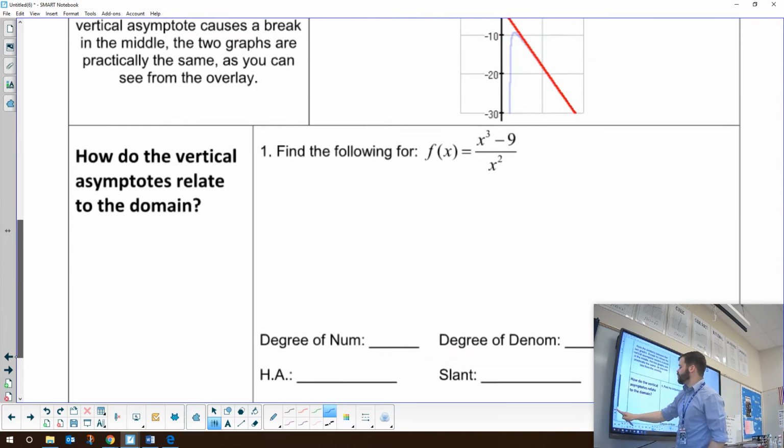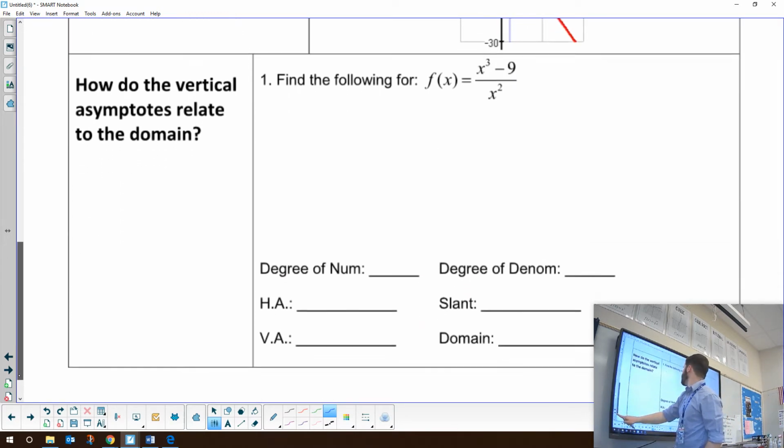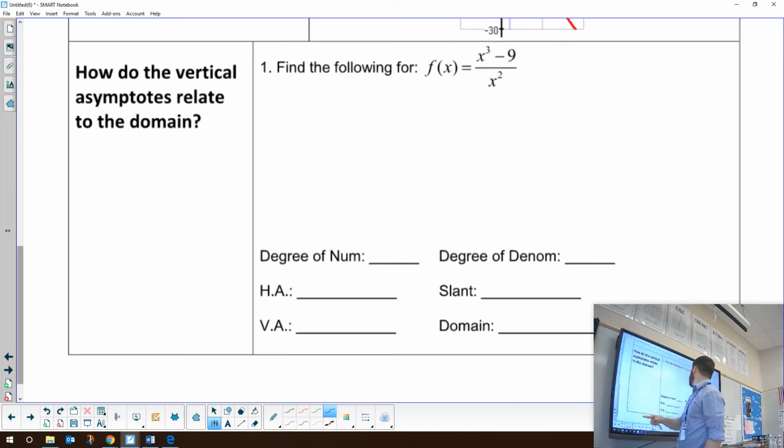So let's take a look at number 1. This one is going to have a slant asymptote. First off, we're going to investigate. The degree of my numerator is 3. The degree of my denominator is 2.